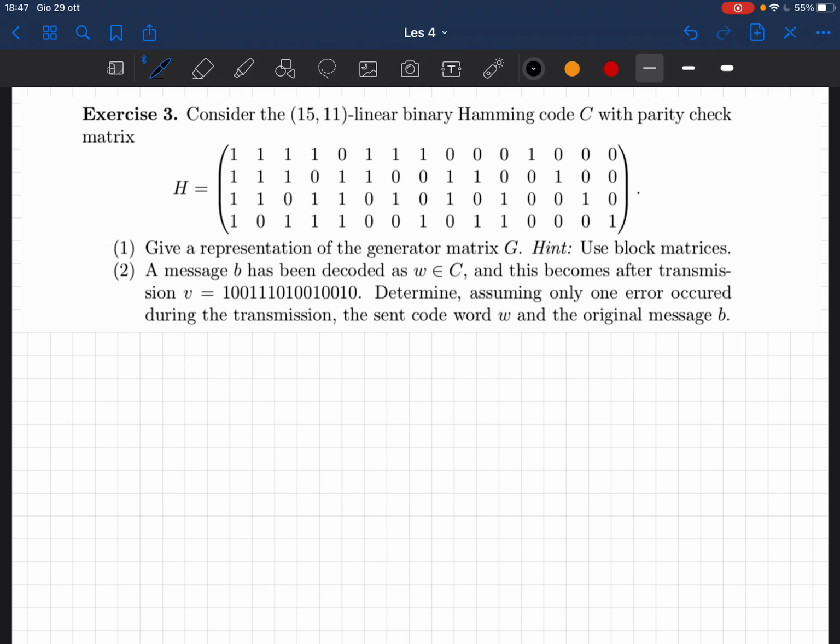Okay, here we have something a little different. Namely, we have an error correcting code. We have this 15-11 linear binary Hamming code with this parity check matrix. You see here the columns of this matrix are made in such a way that each one encodes a number in the binary form.